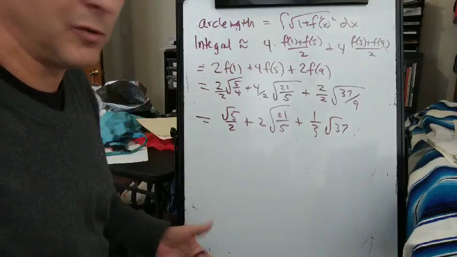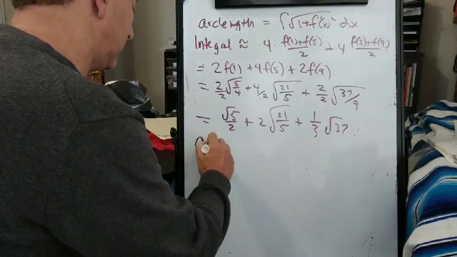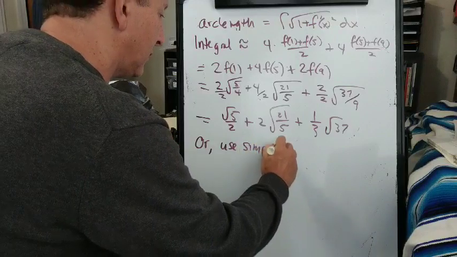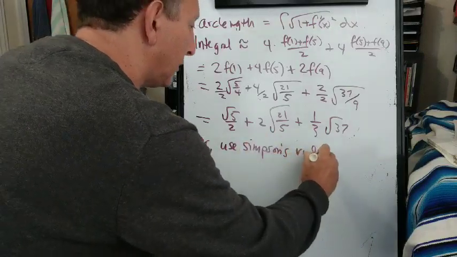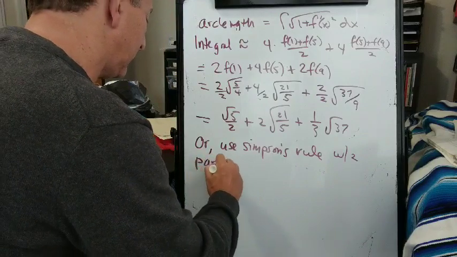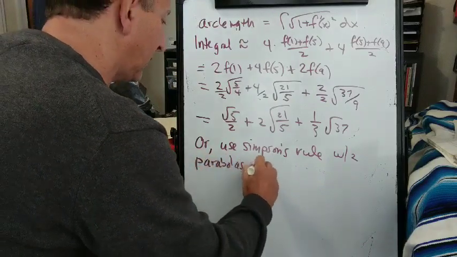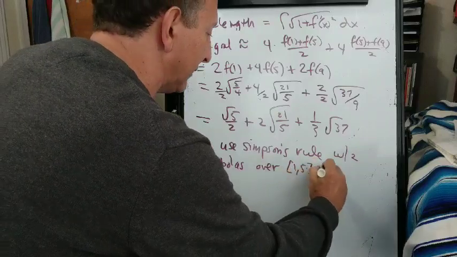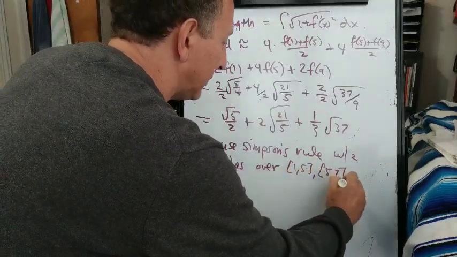Or we could use Simpson's rule, let's say with 2 parabolas over the intervals from 1 to 5 and 5 to 9.